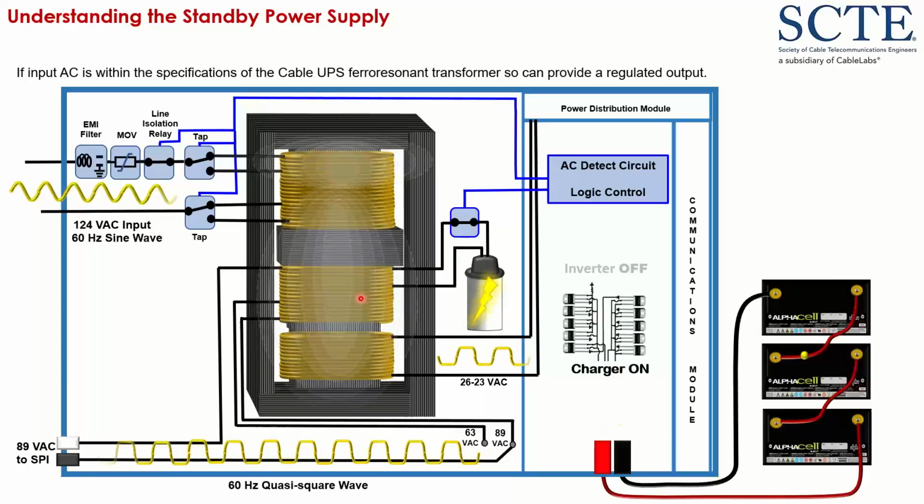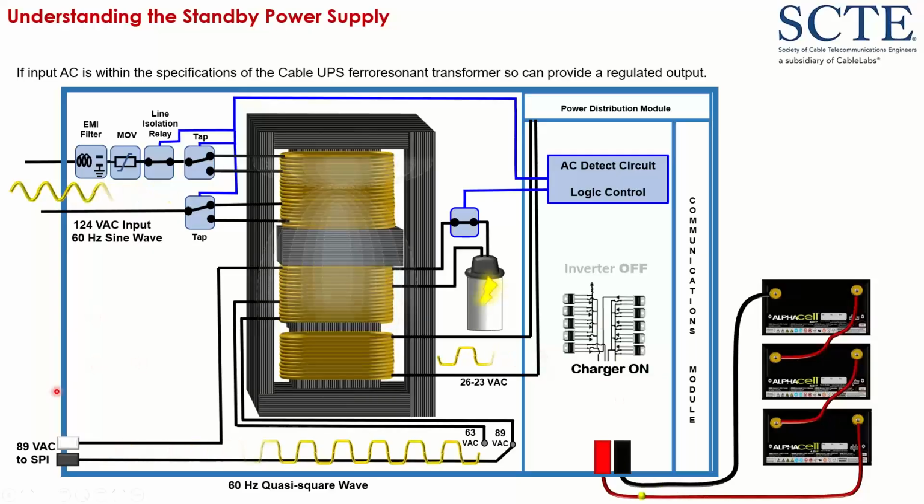One of those secondary windings is connected to the big capacitor inside of the power supply. That secondary winding, that shunt, and that capacitor form my voltage regulation circuit. It has two taps on it to provide a 63 or 89 volt output. And then the other winding, like I said, is pushing voltage into the charger to charge the batteries.